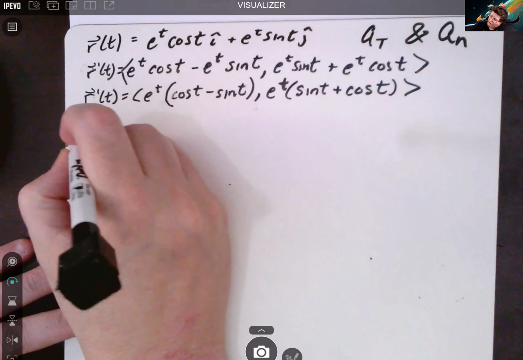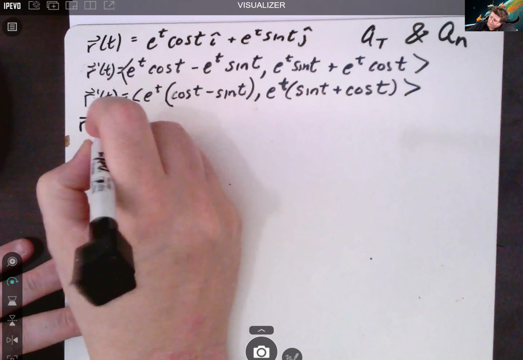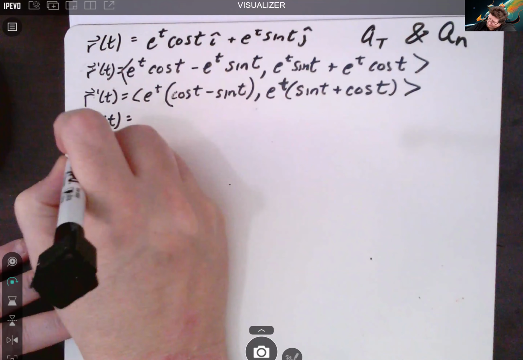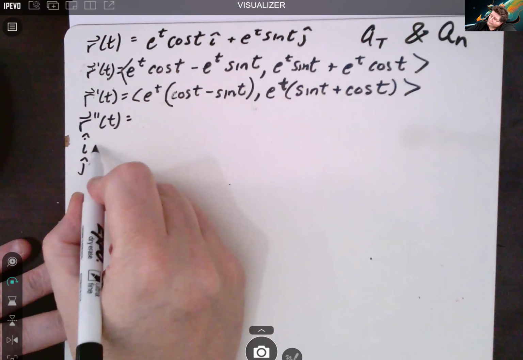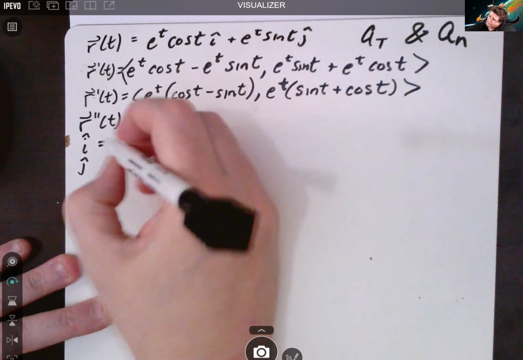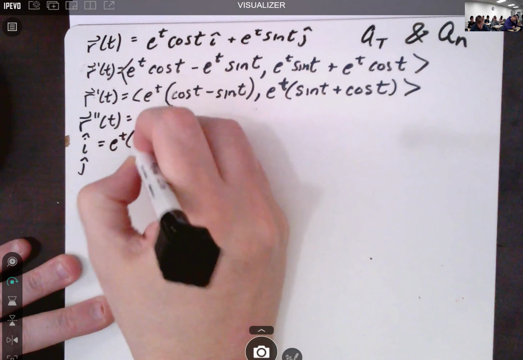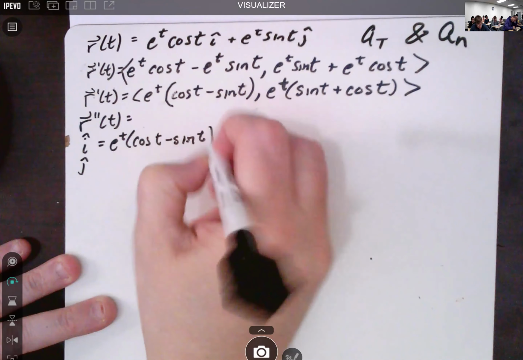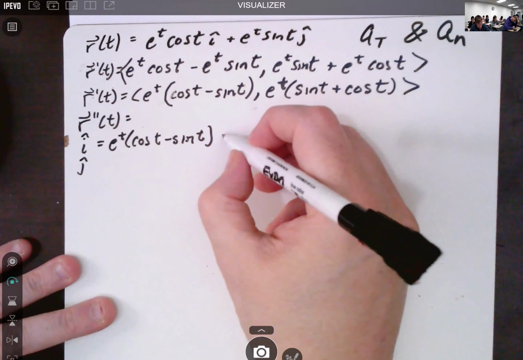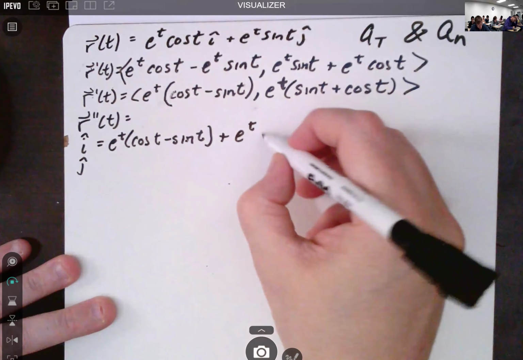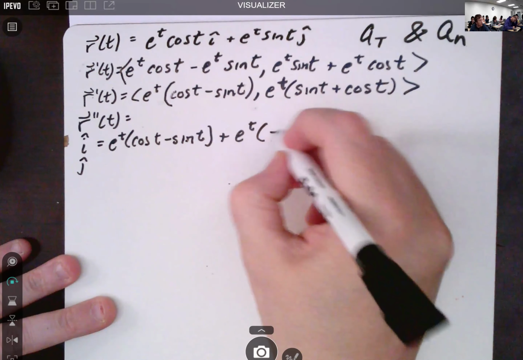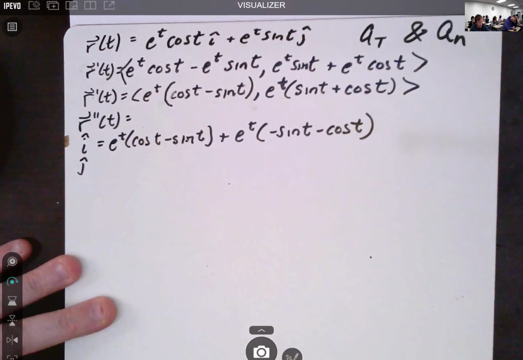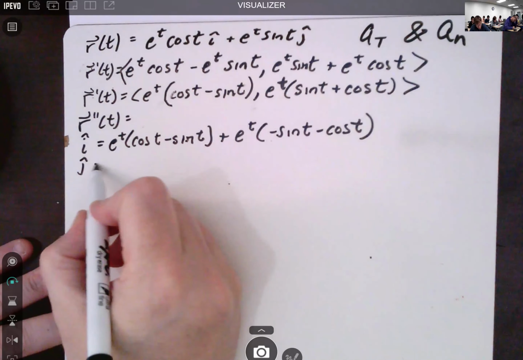And now for R double prime, I am going to write I and J on separate lines. Is it legal to factor out the e to the t? You can do that, just as long as you do the derivative correctly.